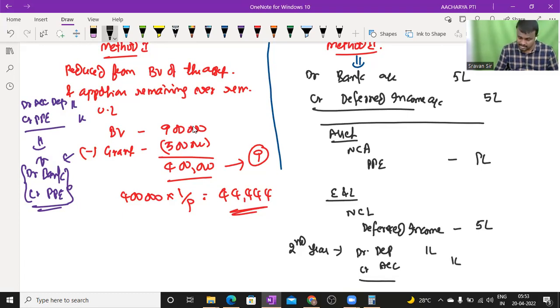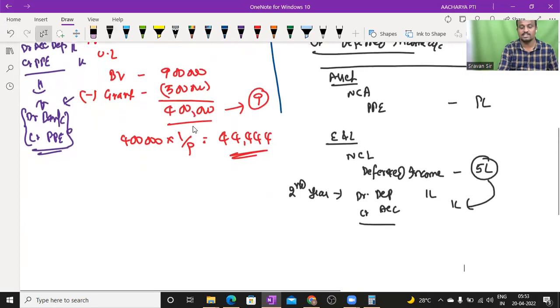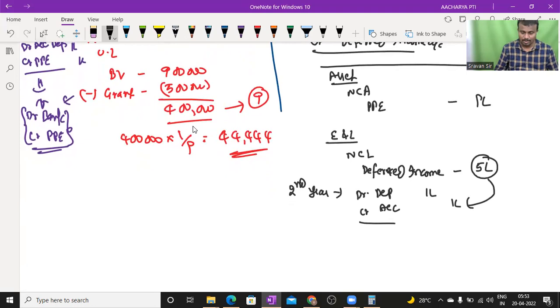And this 5 lakh is apportioned in proportion to depreciation over the remaining useful life, and every year that apportioned amount of deferred income is transferred to the profit and loss account. Then we write the entry: debit deferred income, credit statement of profit and loss.